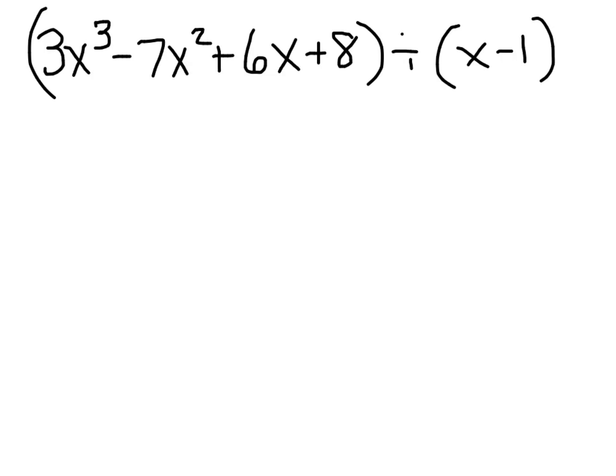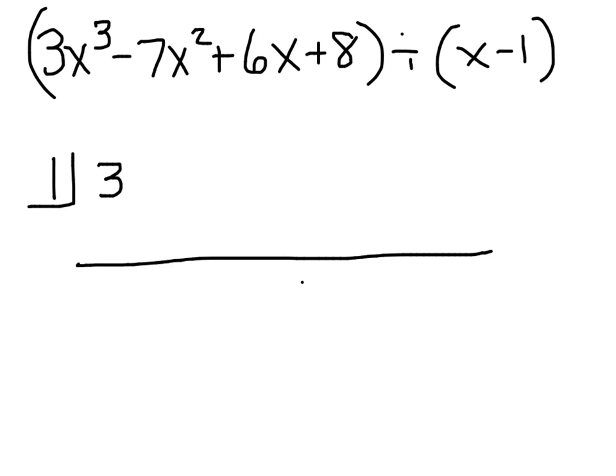Yes. Why? Okay. The divisor's linear. Good. So what number goes in my backwards L? 1. What numbers go across for the coefficients? 3, negative 7. Don't forget the signs. They go with it. 6 and 8.